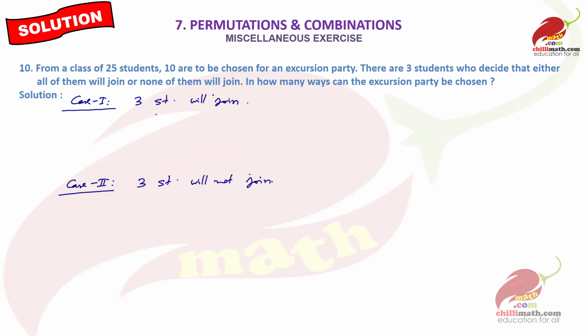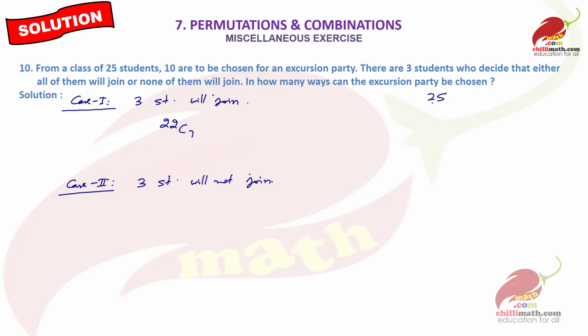If they join, then 3 are already there. So out of 25, how many are left to be selected? 22, because 3 have already been chosen. 10 are to be chosen. So 3 already we have chosen. So how many left? 7. So total number of ways will be 22C7.